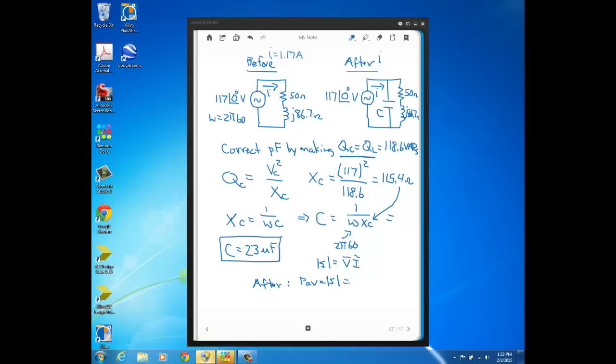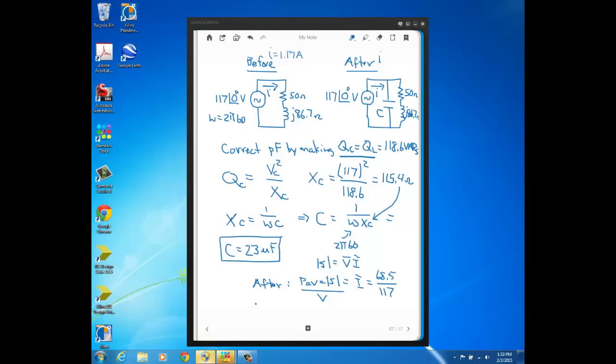So this is equal to I if we go ahead and divide by V. See, this is only true: P average divided by V is current when you have the power factor corrected. Okay, if not, then you have to use apparent power. So if you go ahead and calculate this, you'll get that we have a P average of 68.5 and the voltage is 117.